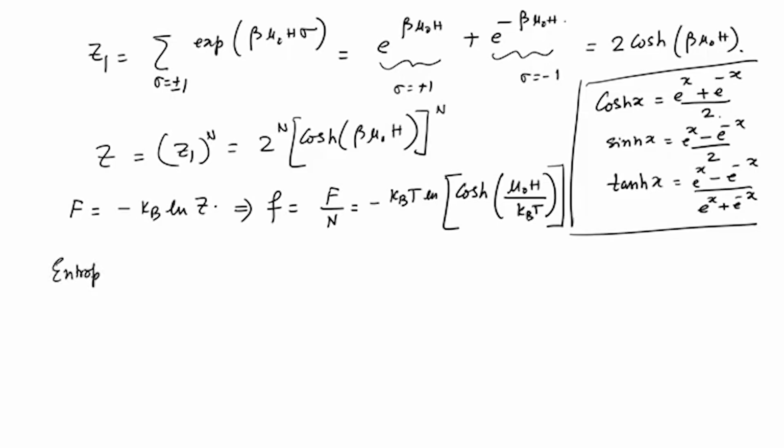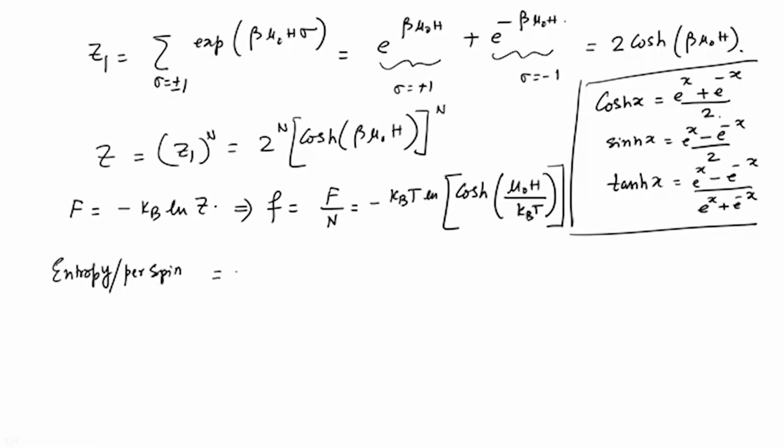You can keep the capital N also, there is no problem, but carrying that N over and over again does not make sense. So, we just talk about per particle. Per particle here means per spin.